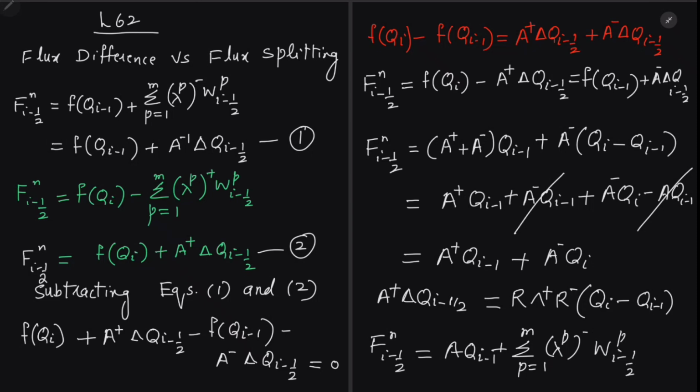When we put this equation into this equation, then we get that form over here. So you can simply put a plus delta q i minus 1 half with these values. Maybe I just expand it for you so that it is more manageable and more understandable.